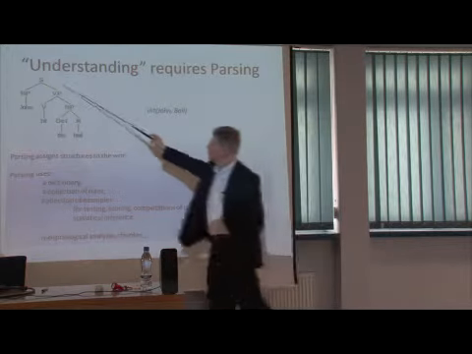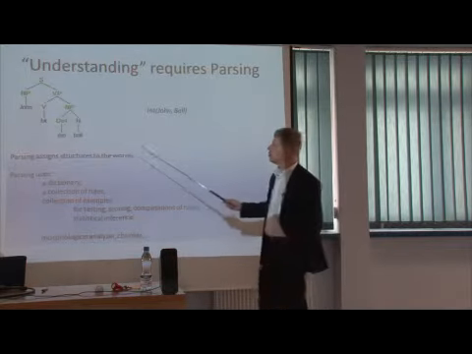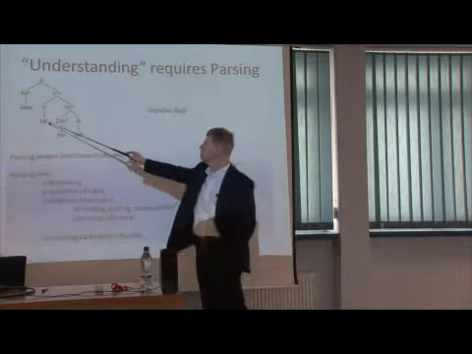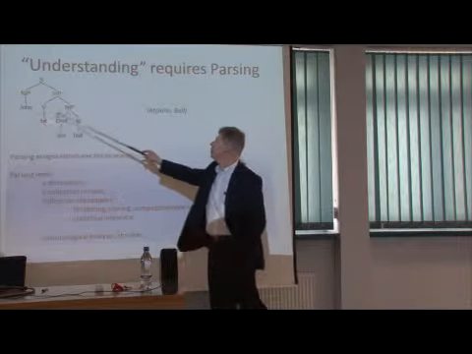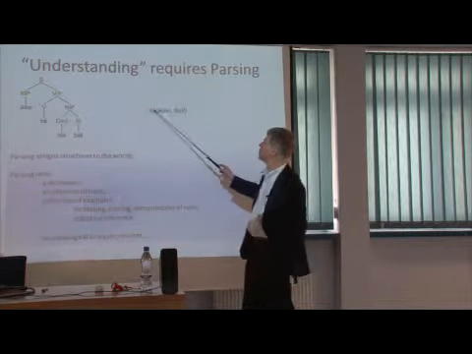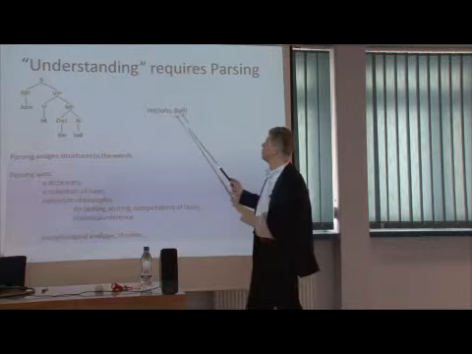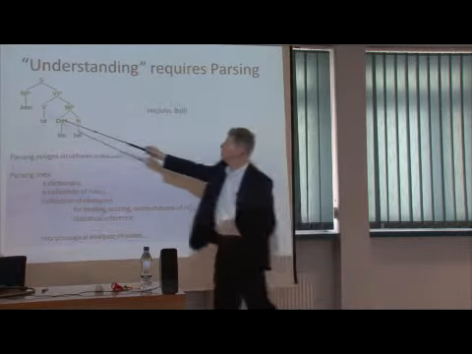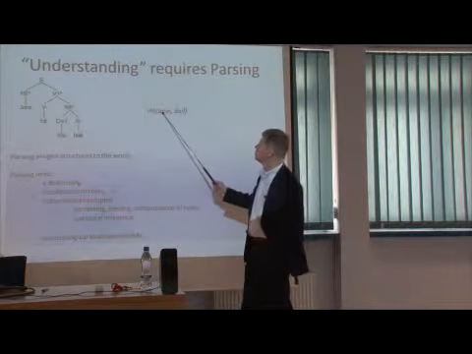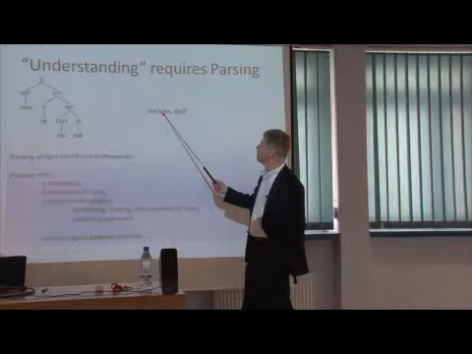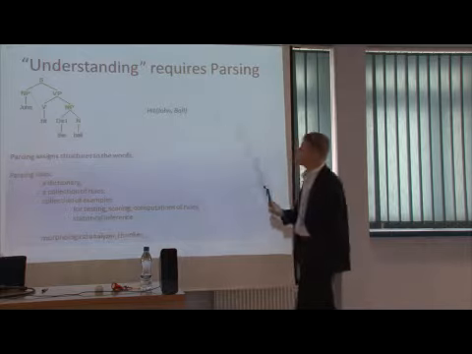If we have this kind of representation, we can then create a logical representation by taking a verb and converting a verb into a predicate, okay? So the logical representation of it would be hit(John, ball). So we take the head noun and the head noun here. The subject becomes the first argument, the object becomes the second argument.